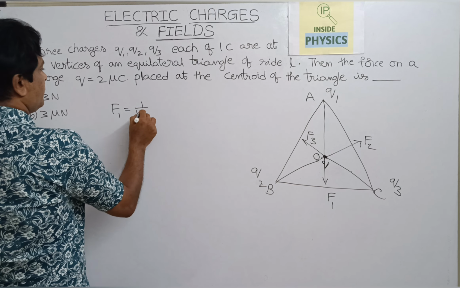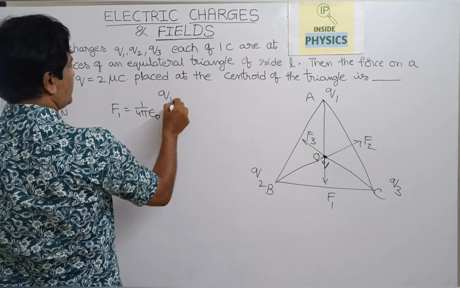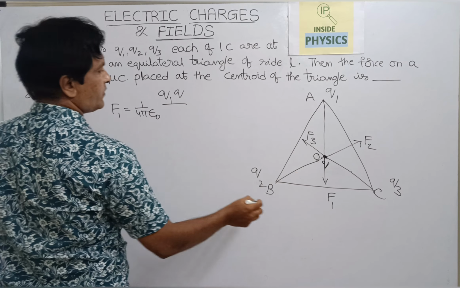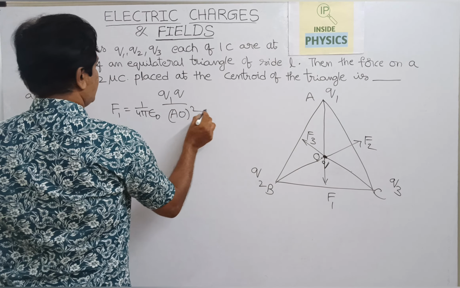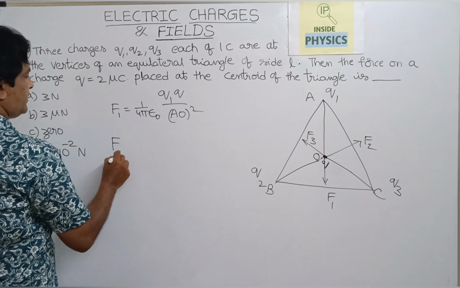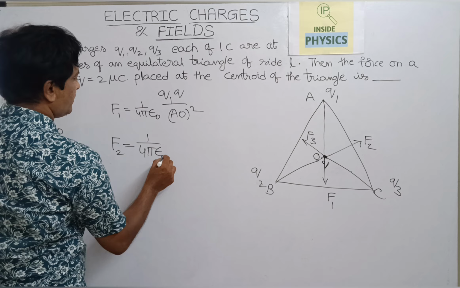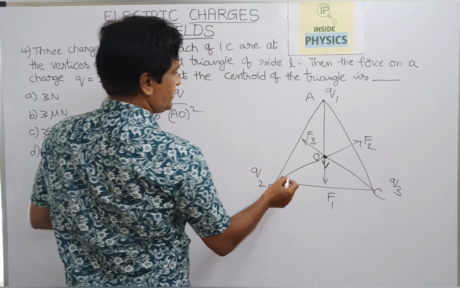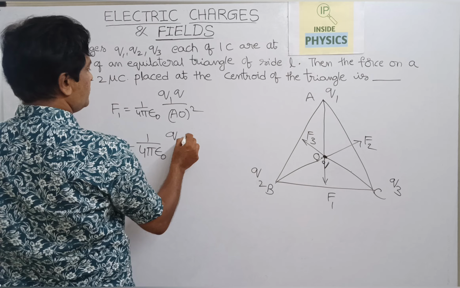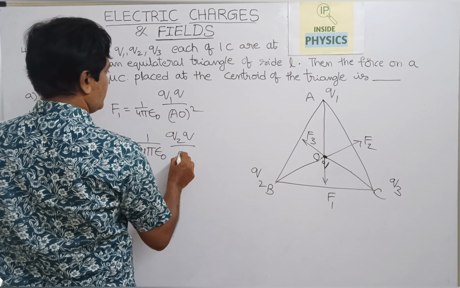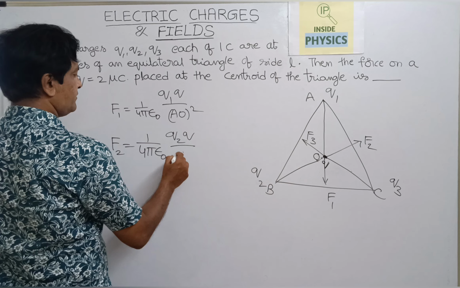This will be 1 by 4 pi epsilon naught q1 q by this distance AO square. F2 means these two, so it will be 1 by 4 pi epsilon naught q2 q by this distance BO square.